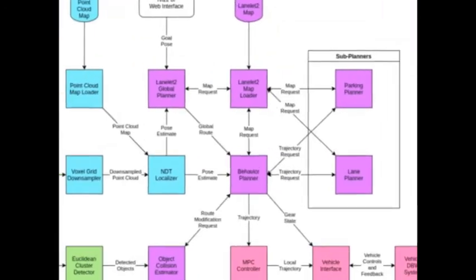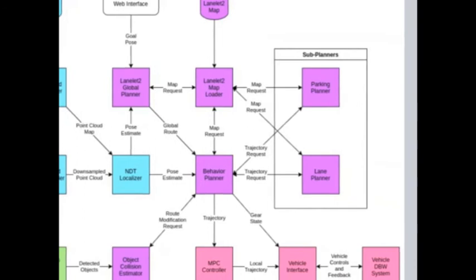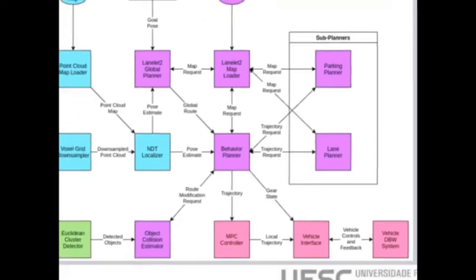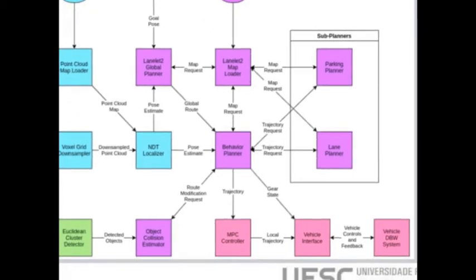The sub planners are always switching between them because the car is always looking for a suitable position to park, and at the same time it's moving forward. You will understand later when I show this simulation.